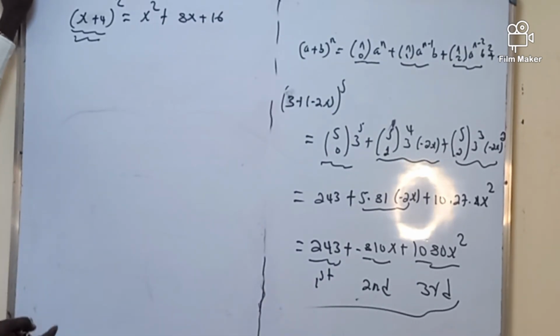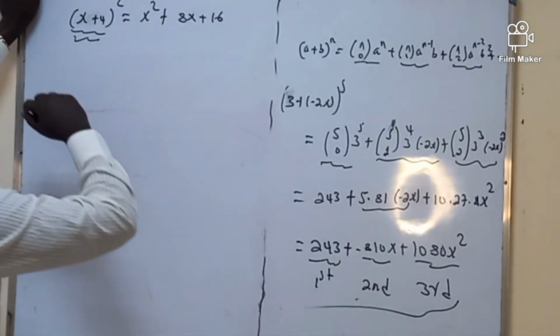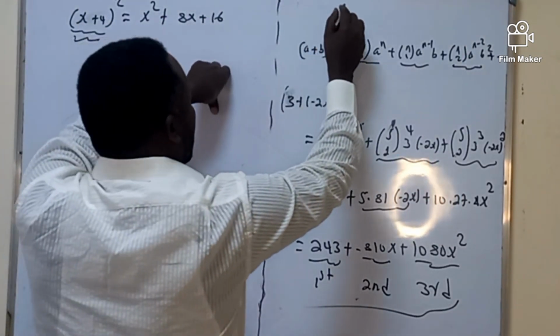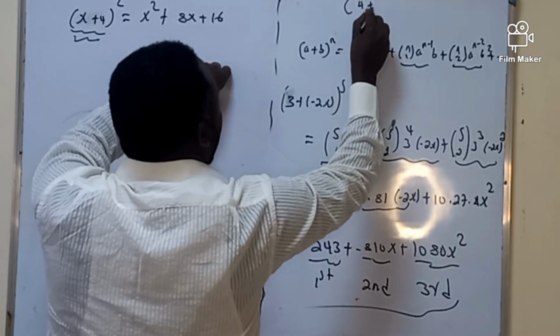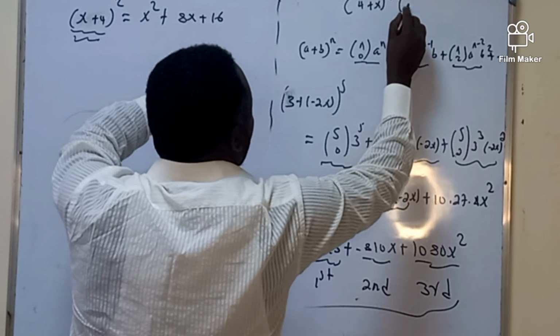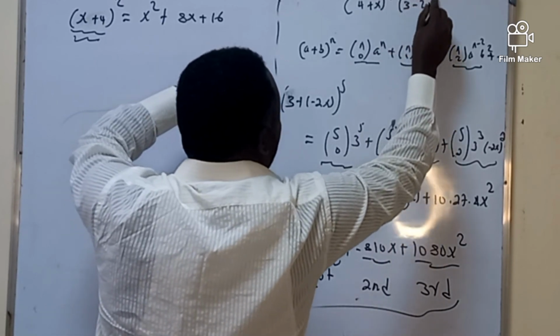So how are we going to find the coefficient of x squared in the expansion of 4 plus x the whole square times 3 minus 2x the whole square?